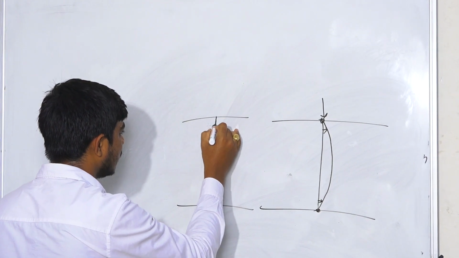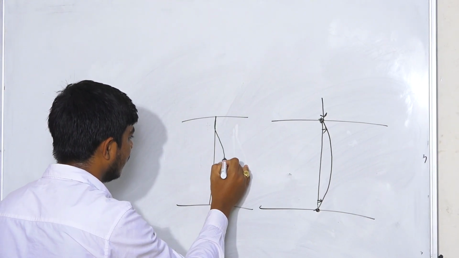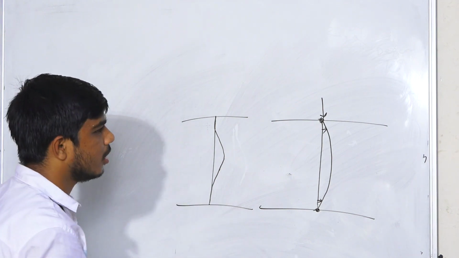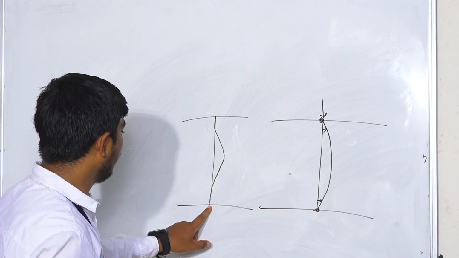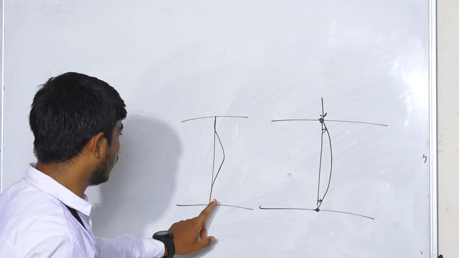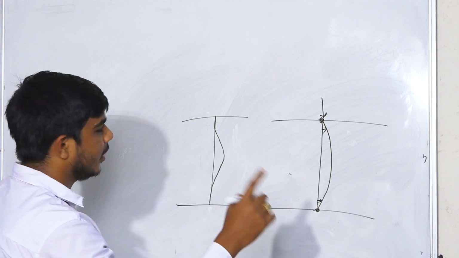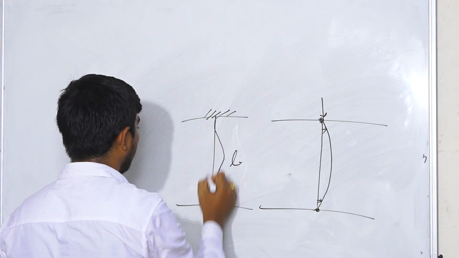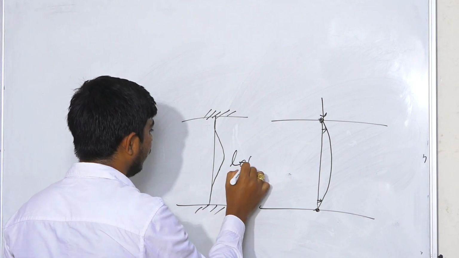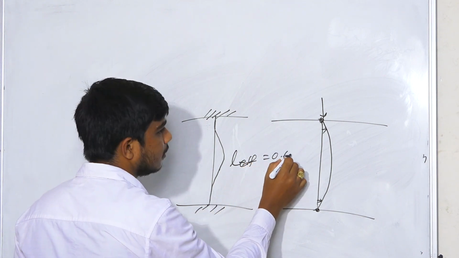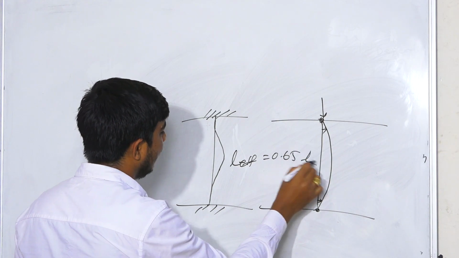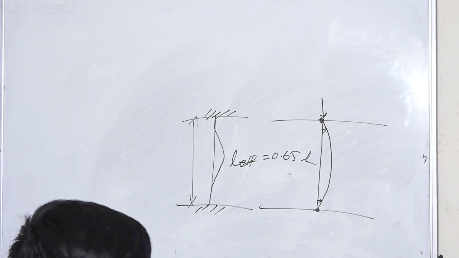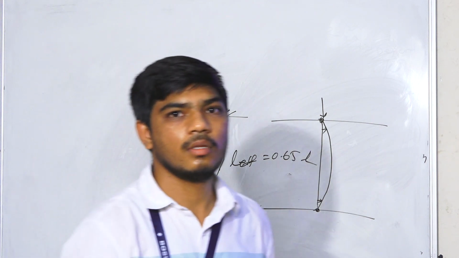It will start bending, then again come back to the same position, because at both ends movement of support is not allowed and rotation also not allowed. This is the condition of fixed support, right? So L effective will become 0.65 L, where L is the unsupported length. So thank you.